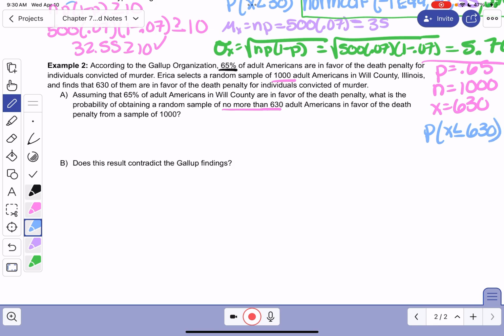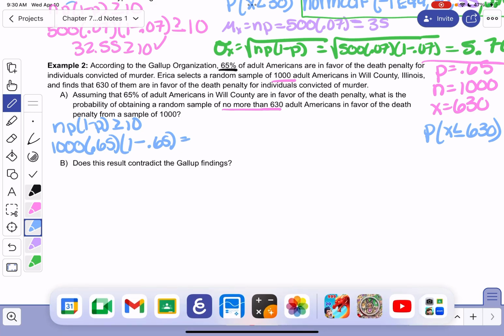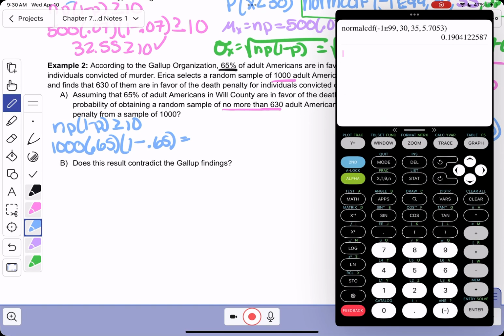So let's test if we can do normal. NP times 1 minus P greater than or equal to 10. So that's 1,000 times 0.65 times 1 minus 0.65, and we get 227.5, which is absolutely greater than 10.